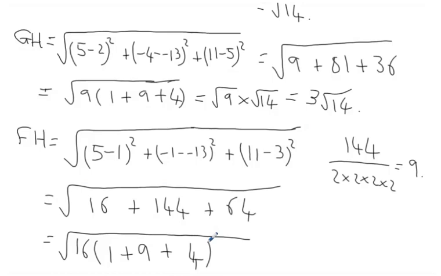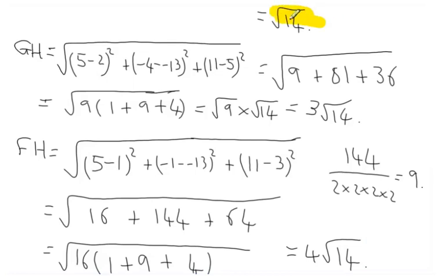Square root of 16 is 4, so this is 4 root 14. So now we have our 3 distances, root 14, 3 root 14, and 4 root 14. If you combine the first 2, root 14 plus 3 root 14 gives us 4 root 14. So this does show that the points are collinear.